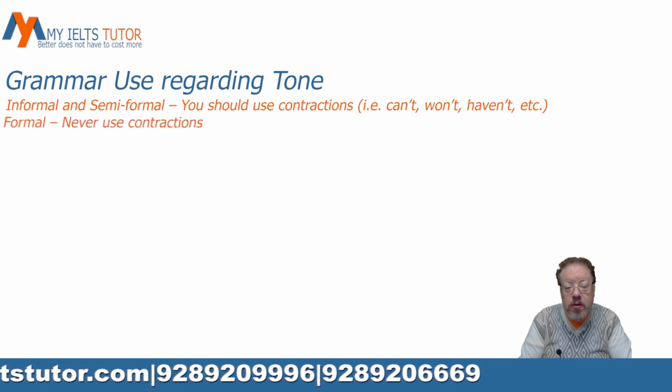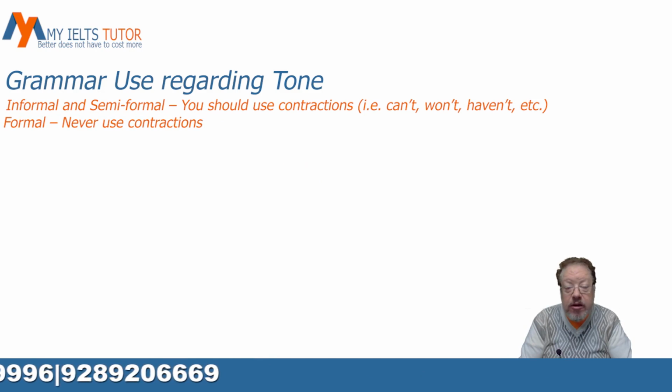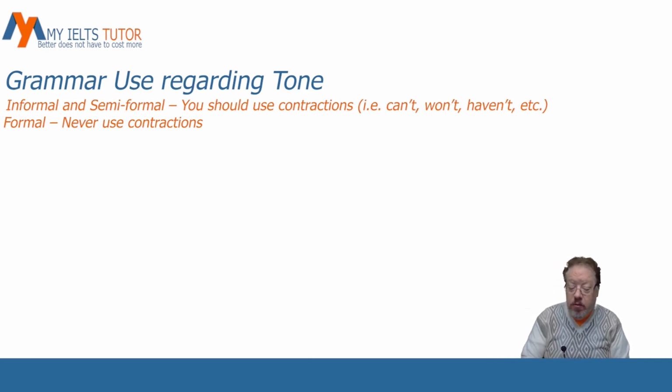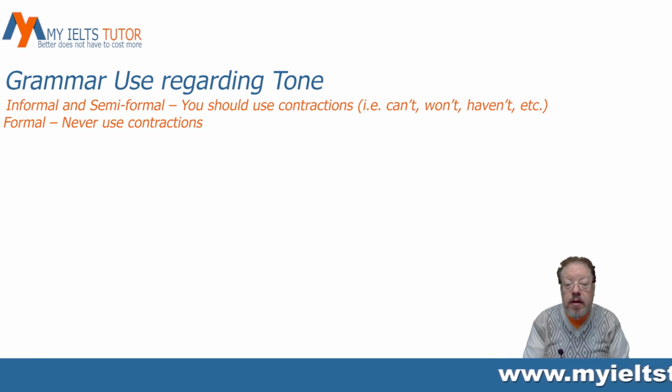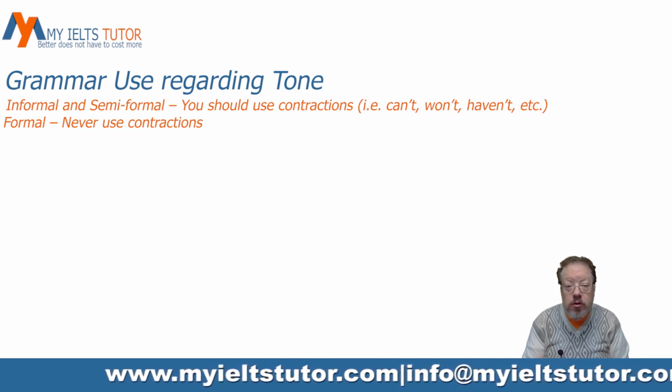But for formal grammar use, we don't want to use any contractions at all. So it would be something like I cannot, she will not, they have not. So remember this. Informal and semi-formal, use contractions. But formal, don't use contractions.